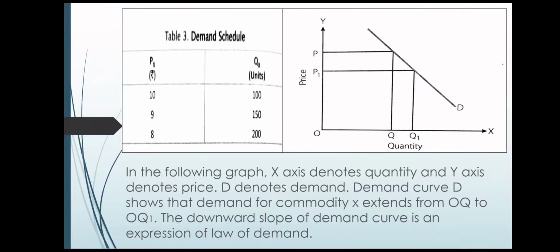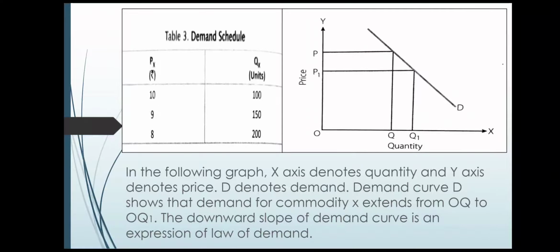When price decreases further to 8 rupees, then the quantity demanded is 200 units. So there is an inverse relationship that is visible over here. Price decreases and hence quantity demanded increases. If the price would have increased, then quantity demanded would have reduced.